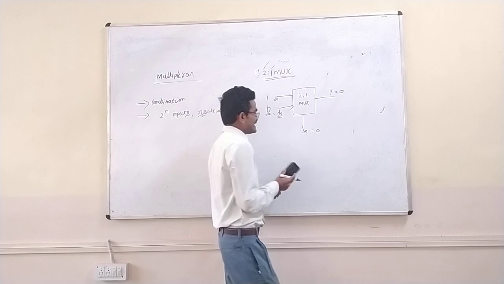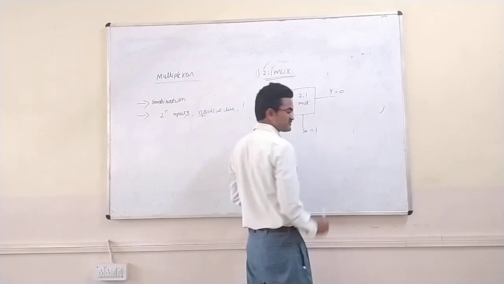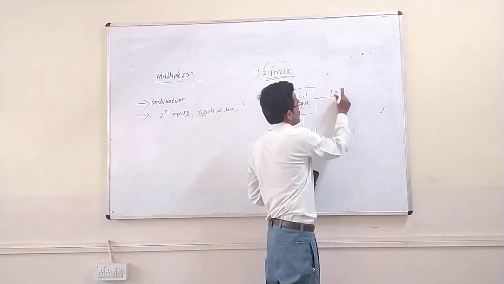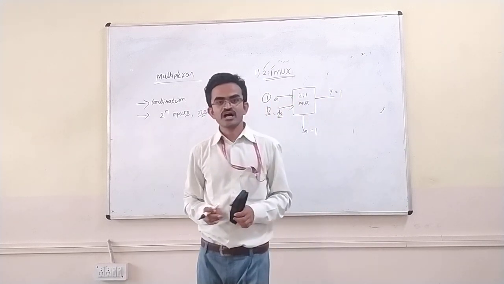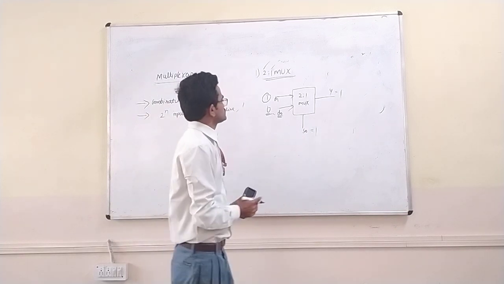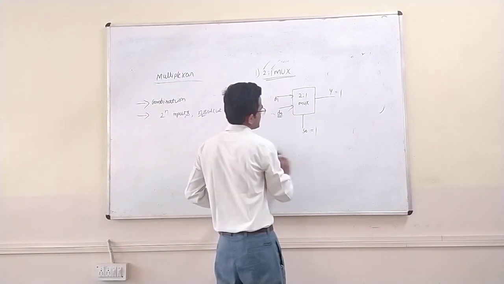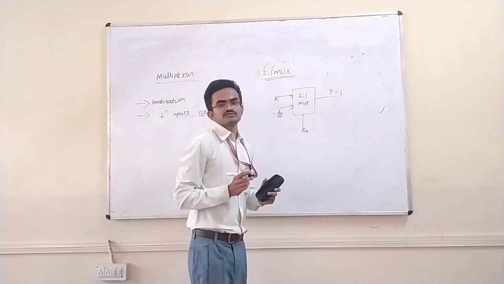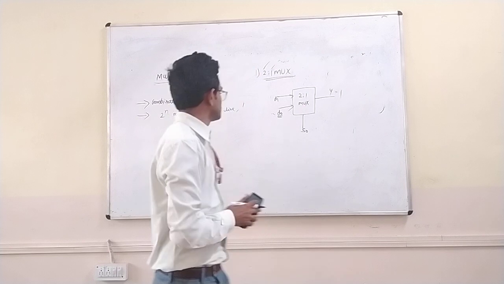If the select line is 1, D1 is selected and the content of D1 is the output. So Y is 1. It indicates that the output depends completely on the select line. So this is the general block diagram for a 2:1 multiplexer. Now we need to write the truth table for this.